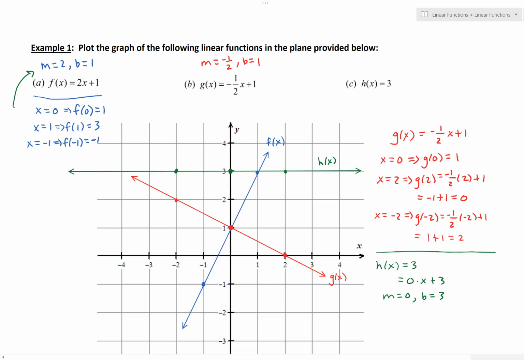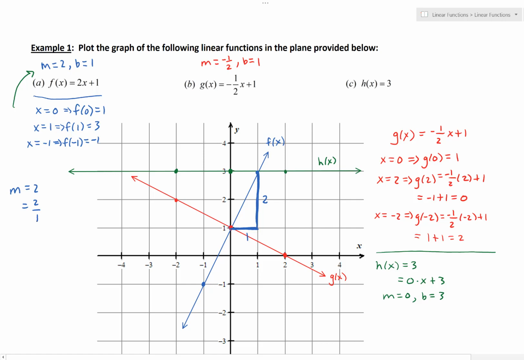If I go from there, x is 0, and I move over 1 unit to the right, well, how much have I gone up or down? In this case, I've gone up by 2 units, right? And in fact, the ratio 2 over 1 is equal to 2. So in this case, for f, m was 2, and notice it's the same as 2 over 1.